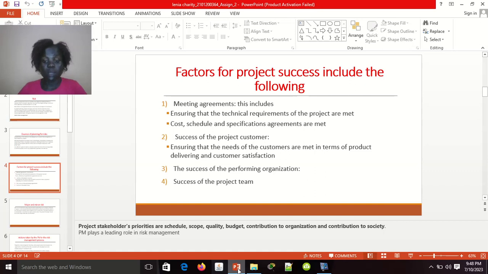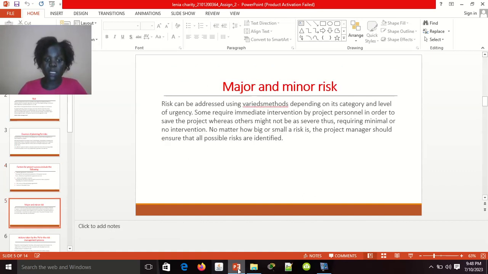The customer tells you what they want and then you implement that. Then success of the performing organization, and then the success of the project team.